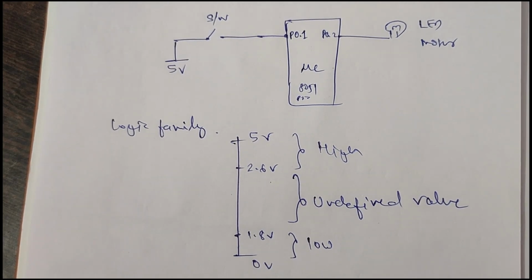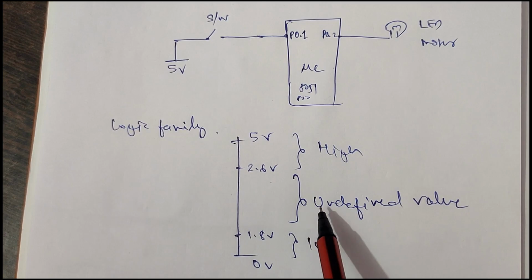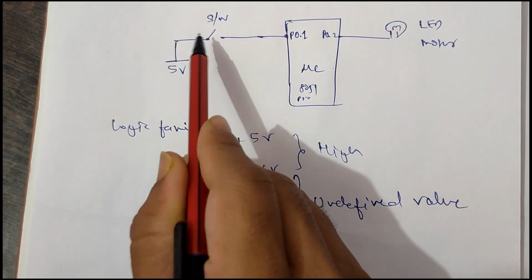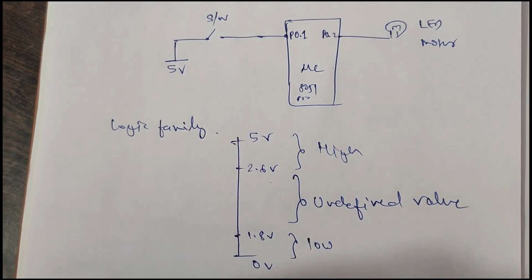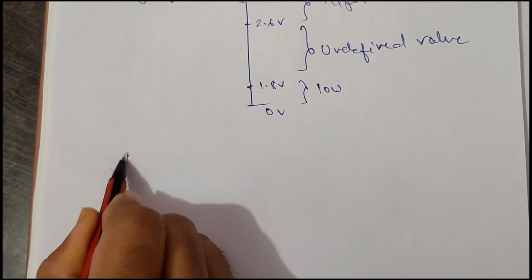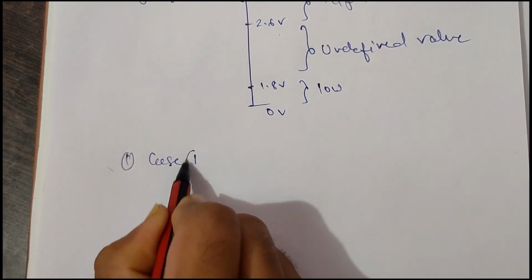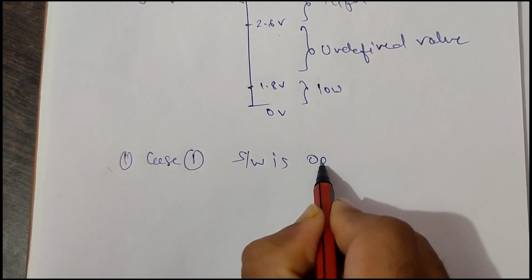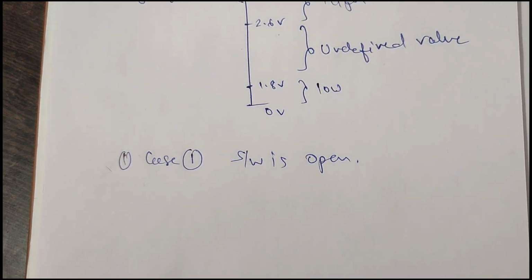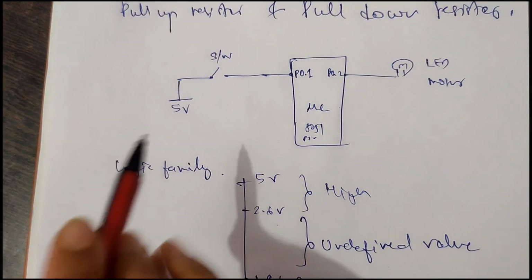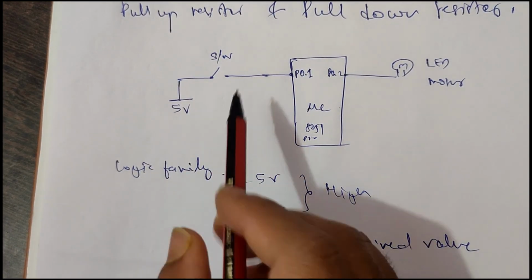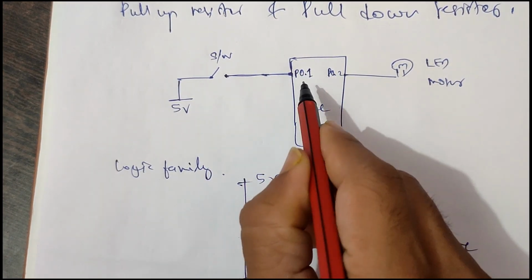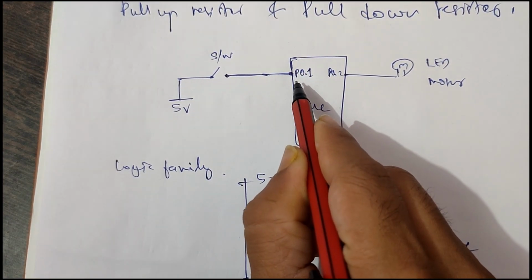So by using this knowledge we can see here the first case, case 1, when the switch is open. Okay, how much voltage do I get at port pin P0.1?